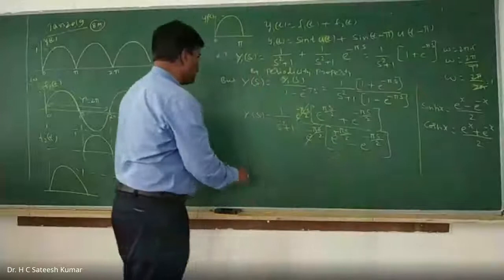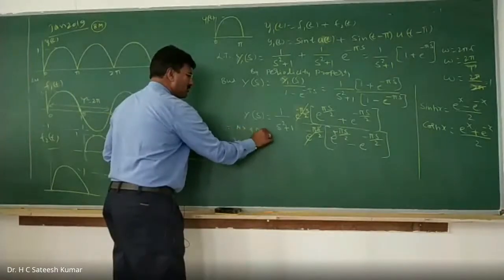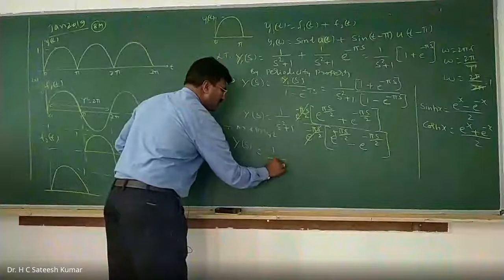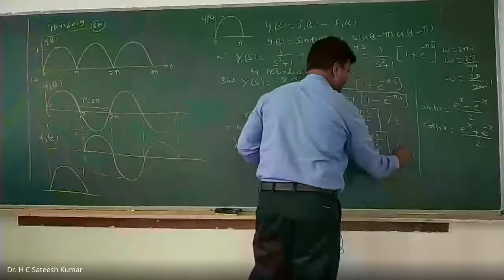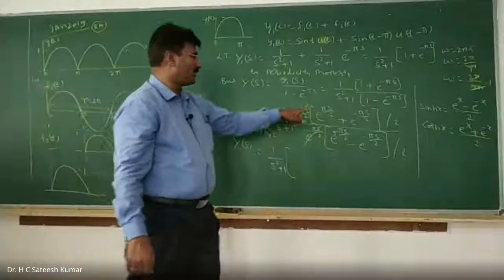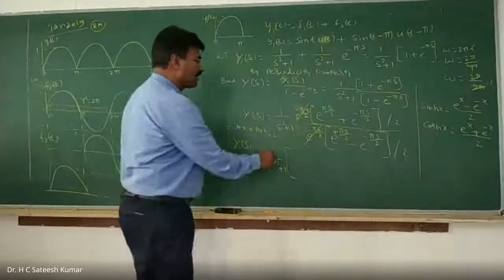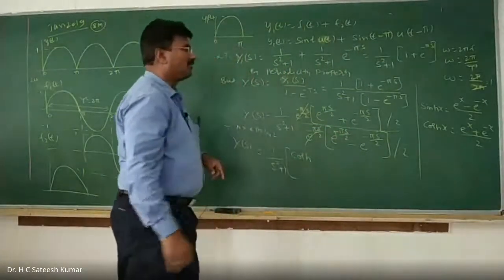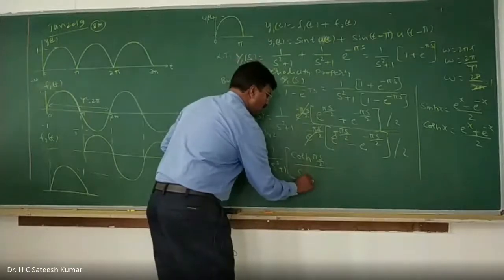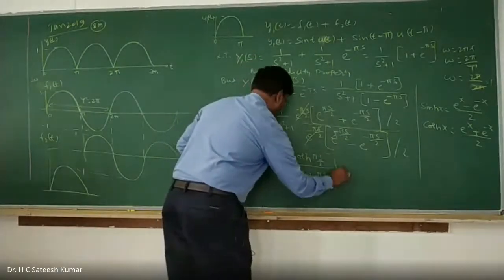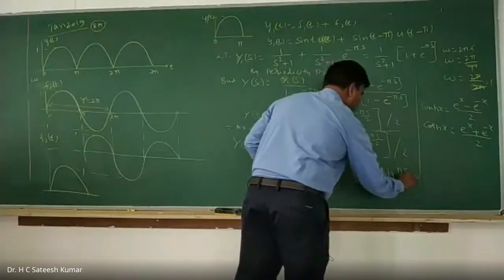Then we can write y of s is equal to, dividing numerator and denominator by 2, 1 by s square plus 1 into e to the power of pi s by 2 plus e to the power of minus pi s by 2 divided by 2, which is cosh x, in place of x is pi s by 2, divided by sinh pi s by 2, which is nothing but equal to 1 by s square plus 1 into coth hyperbolic pi s by 2.